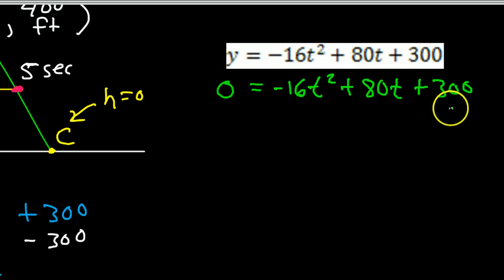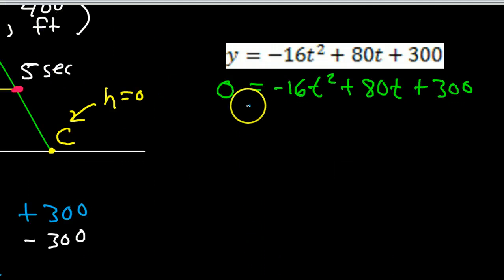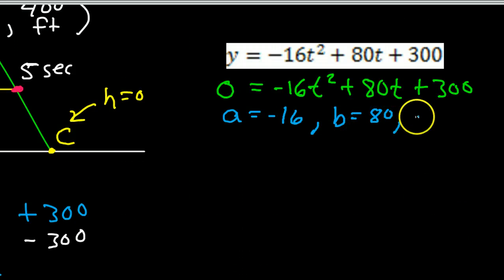Okay, so again, I'm just going to solve this using the quadratic formula, but this time keeping in mind our new a, b, and c. So a is negative 16, b is 80, and c is 300.